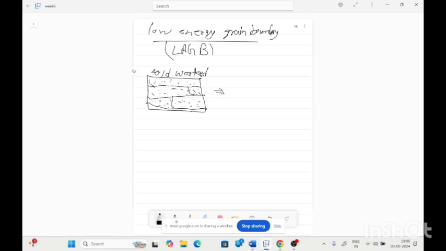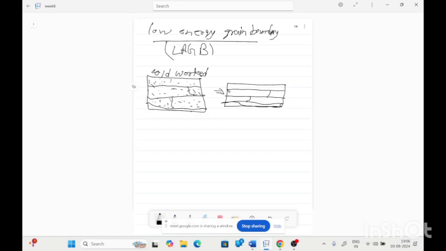After further deformation, the thickness of the part will decrease, and the green boundaries also come near to each other.